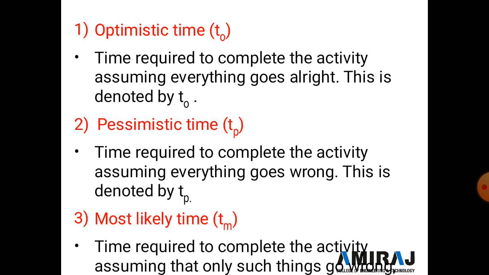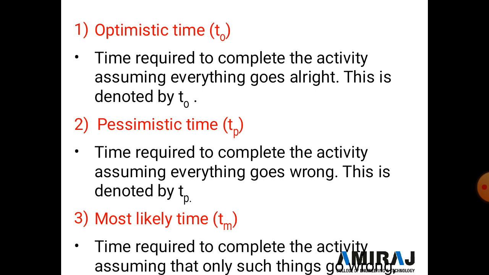It means all the activities are completed on time, as per our schedule. Like we target the excavation to be completed in 3 days, and we complete the excavation in 3 days, so this time is known as the optimistic time. Clear? So it's called optimistic time, TO.